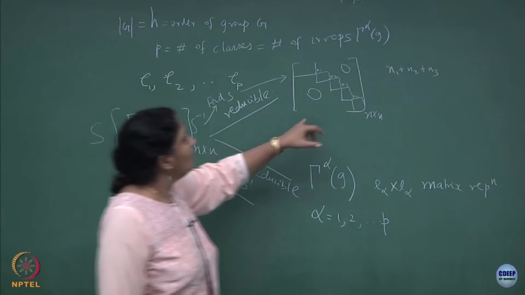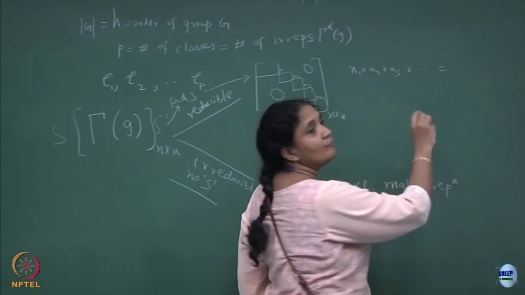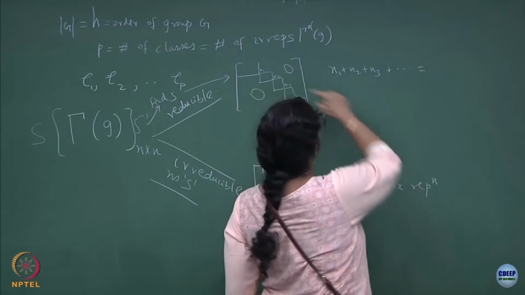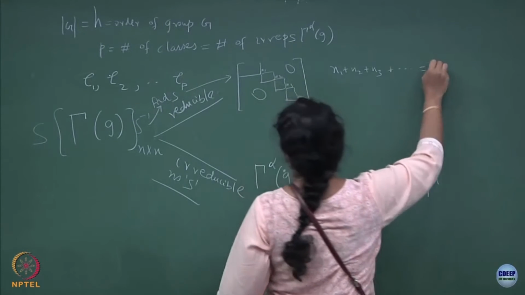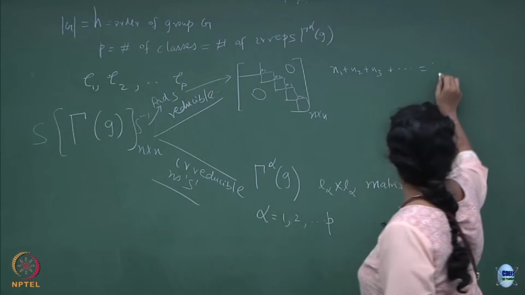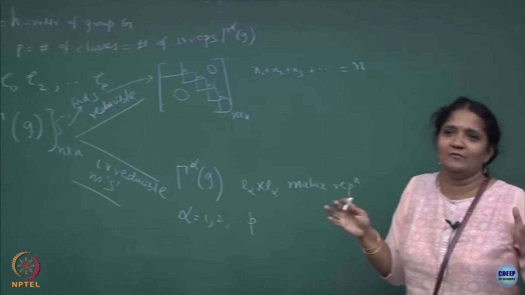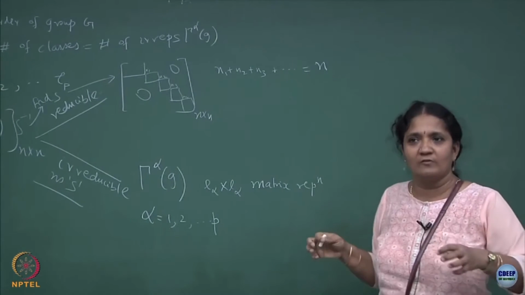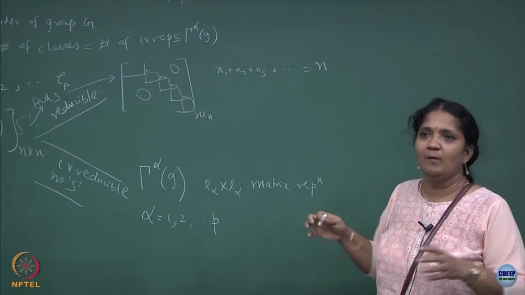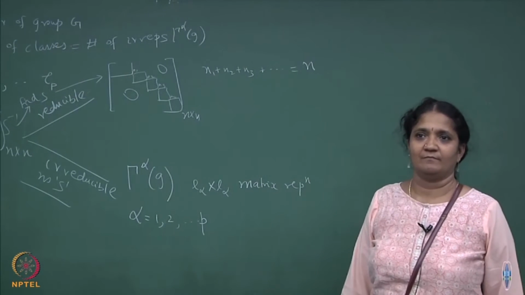Now, this number should add up to n. The total matrix is n cross n, breaking up into blocks. The total block dimension should add up to be the dimension to start with.